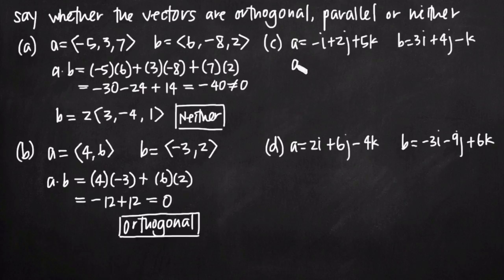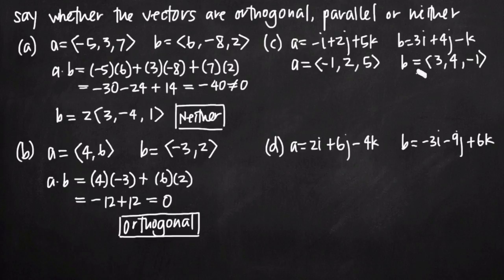We can change these vectors to be in the same form as examples A and B. We just take the coefficients on the i, j, and k components. So the coefficient on i here is -1. The coefficient on j is +2, and the coefficient on k is +5. So we say that A is this -1, 2, and 5. B, in the same way, is 3, 4, -1, like this.